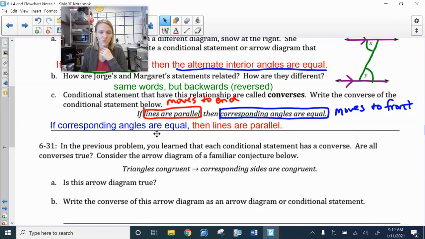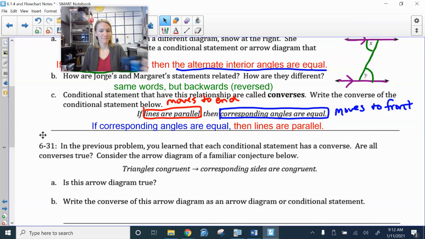And that's all we do. So we're just flip-flopping this around to make a converse statement. Like I said, these ones are going to go really quick because it's literally just that. That's the whole point.